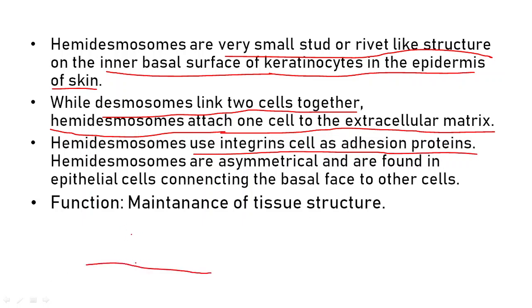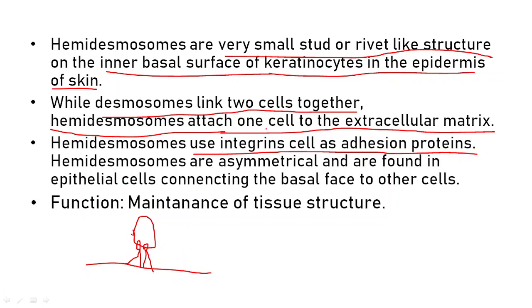For example, here is the basement membrane and here is the cell, and through the cell membrane we can see integrins. Hemidesmosomes are connected through the integrins and connect to the basal membrane.